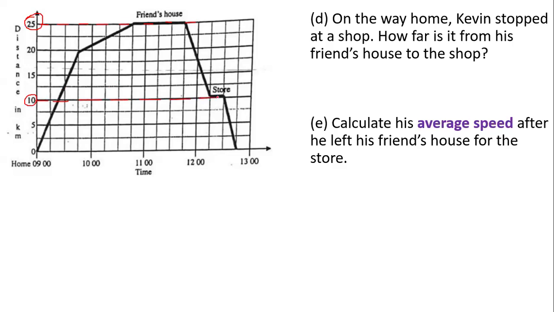So really and truly, what we want to figure out is what is this distance right there, the distance from the store and the friend's house. And so all we need to do is subtract, right?